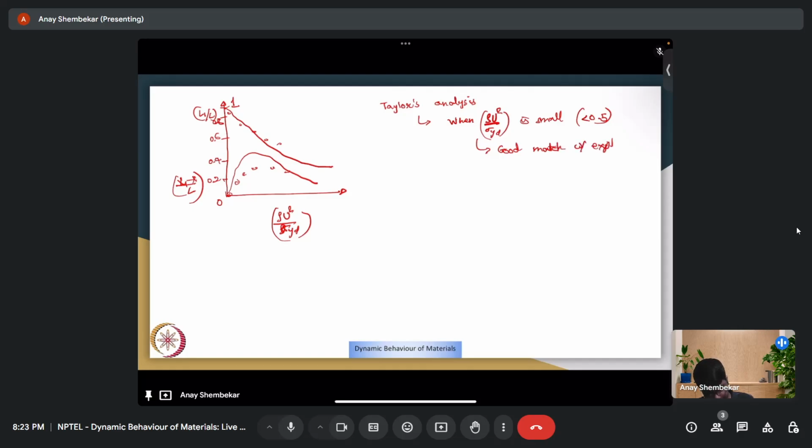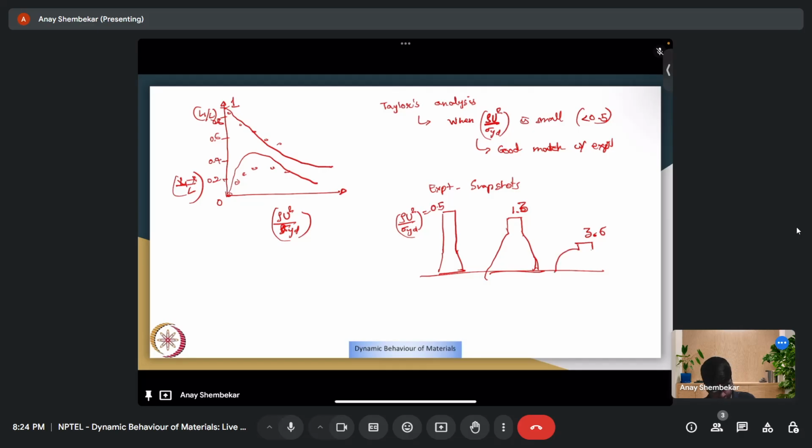And the reason is that if you look at experimental snapshots, you have small deformation coming here. And rho u square by sigma yd is the dimensionless parameter. Suppose it's 0.5, something like 1.3, it becomes like this. And at very high values, say like 3.6, there is a big change in shape. This is also called the mushrooming effect.